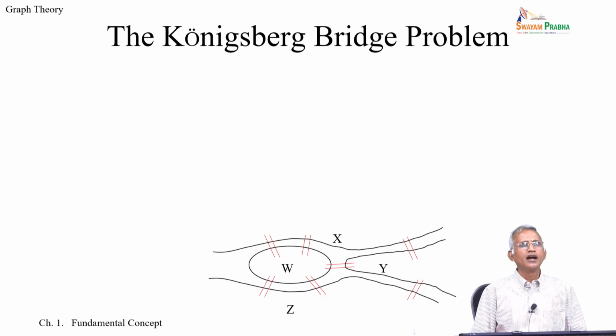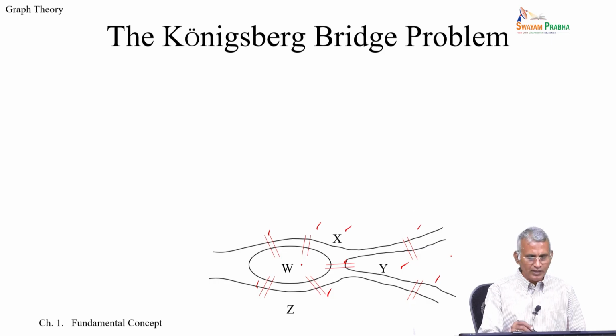So, we have to go to the Königsberg bridge problem. This is one city, X, Y and Z, all the cities. These are all the islands. These islands are connected by bridges 1, 2, 3, 4, 5, 6, 7, and once you start from one bridge, you do not go back to the same bridge, do not cross the same bridge once again.